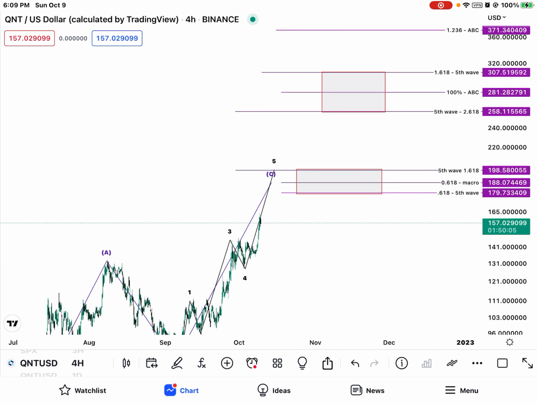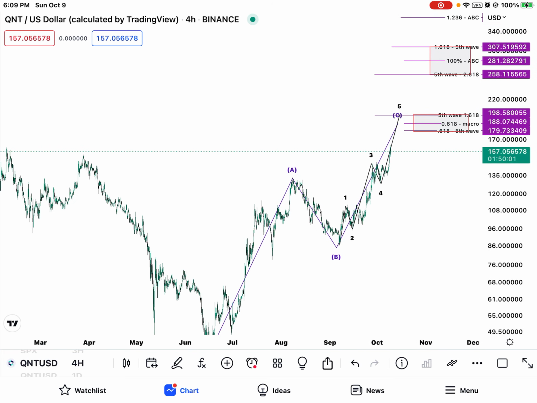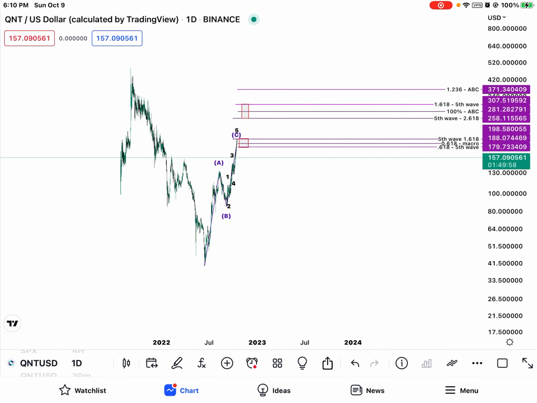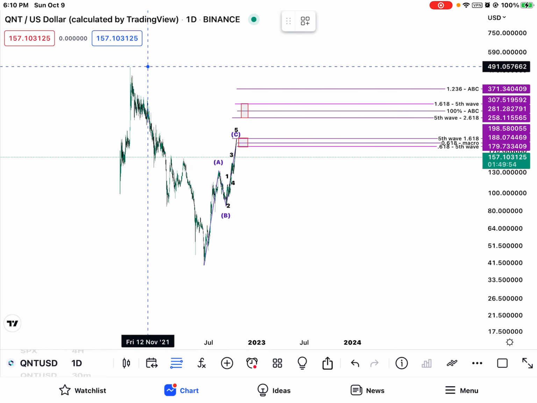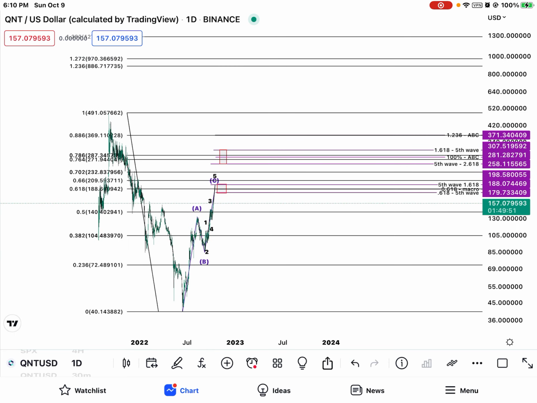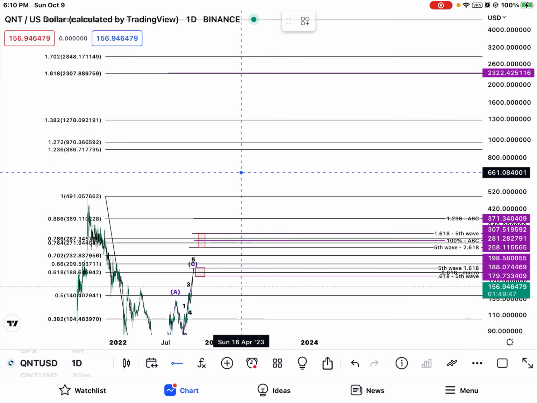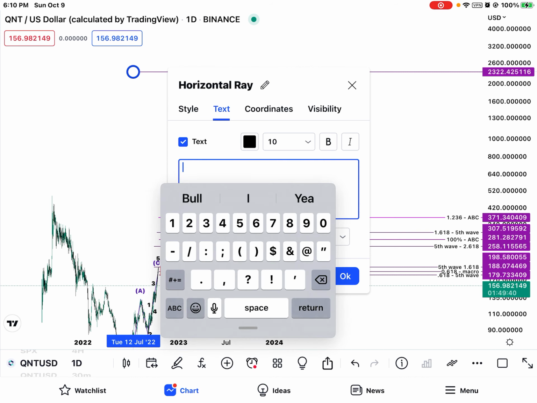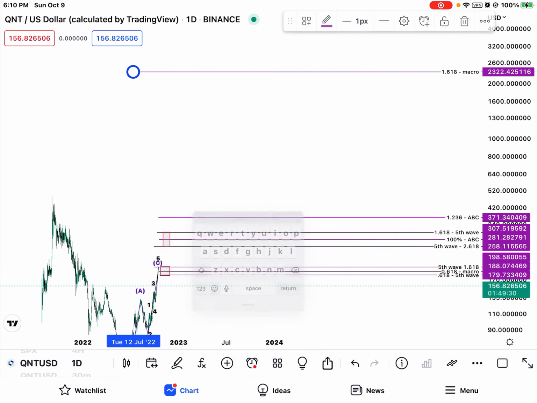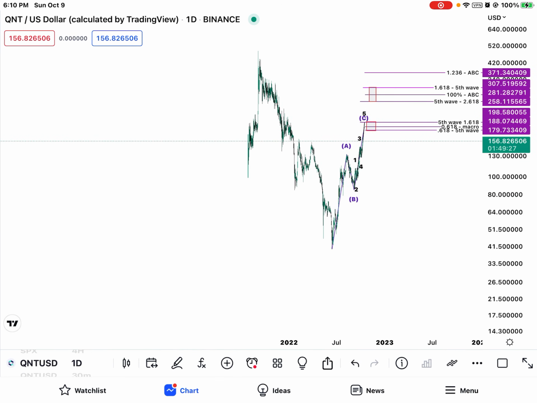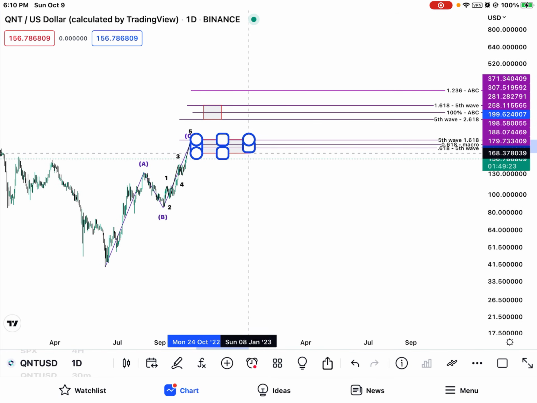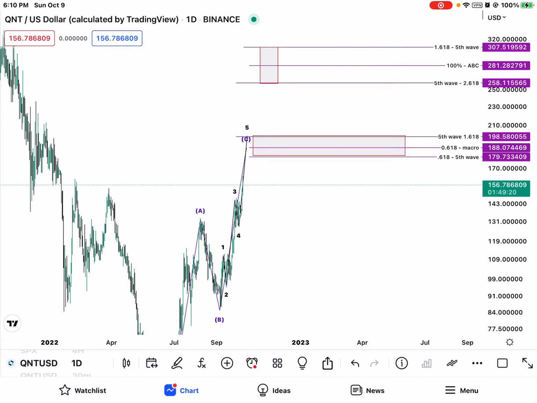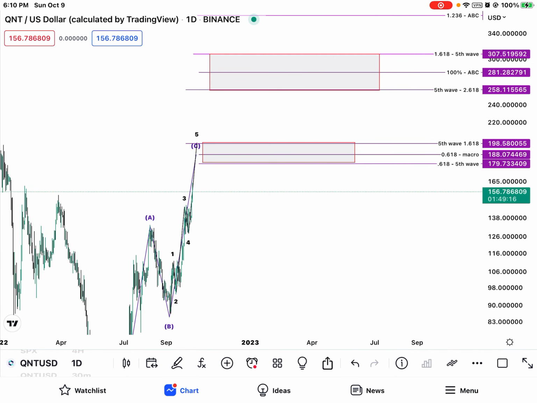And then this 371, along with your 2300 target, we can label this 1.618 macro. Okay.